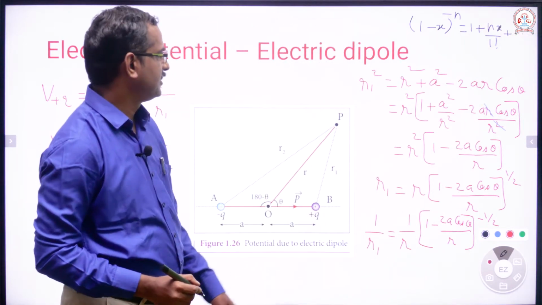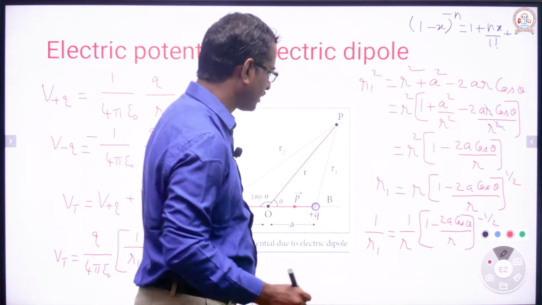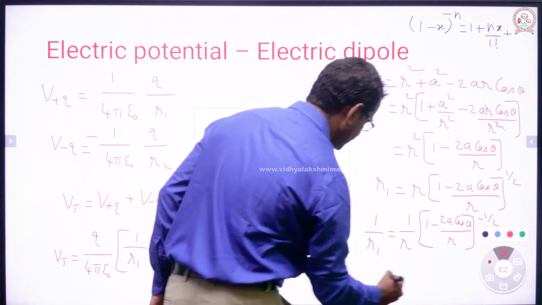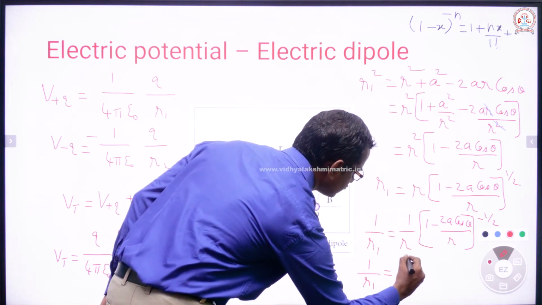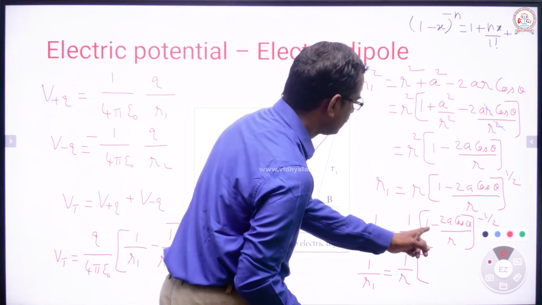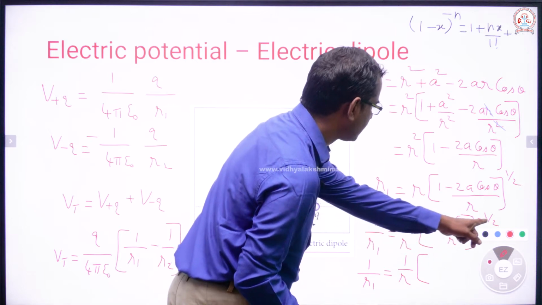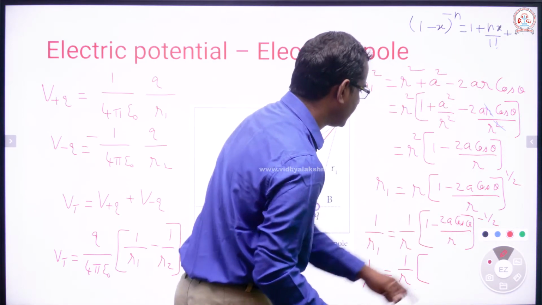For calculation convenience, we take only the first two terms, 1 plus nx by 1 factorial. If we apply that, we get 1 divided by r1 is equal to 1 divided by r into 1 minus 2a cos theta by r, and the 1 by 2 power will come here, the 2 gets cancelled.